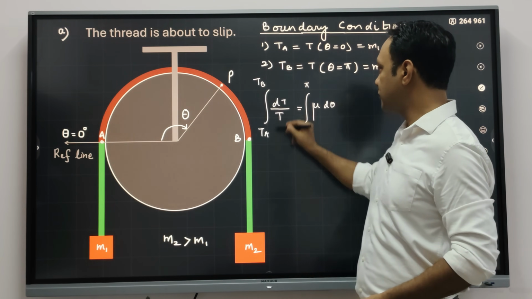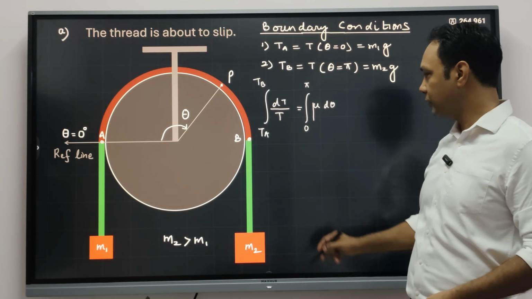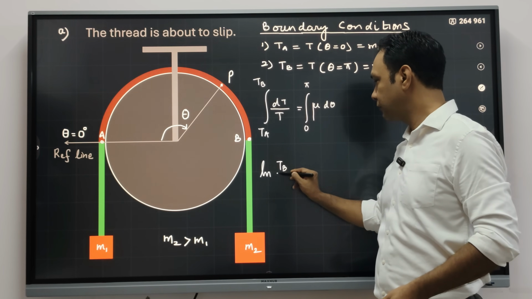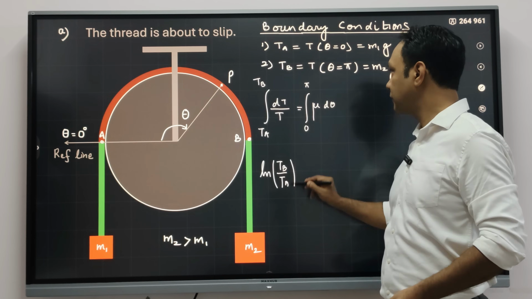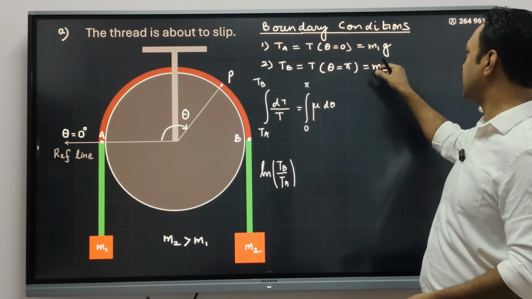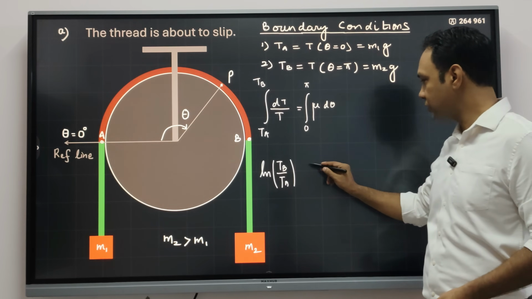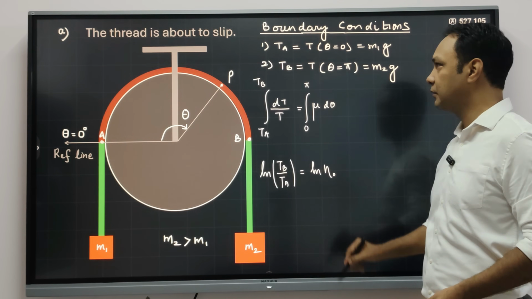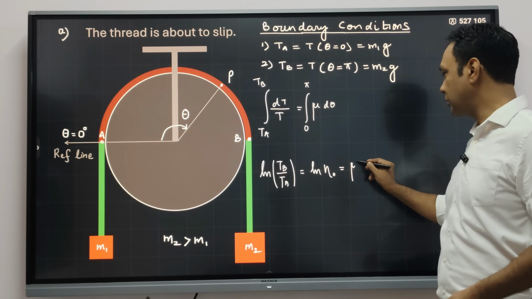So this integration would be ln TB by TA, and TB by TA is m2 by m1. m2 by m1 is eta naught, so this is ln eta naught, and here it is mu into theta.